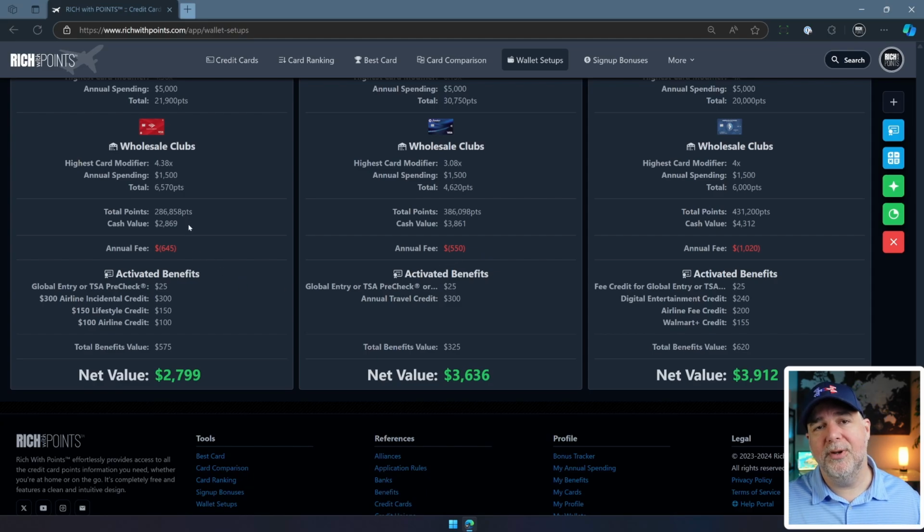And then you're getting 1.25 over here on the Bank of America. And if you have the Merrill Lynch and all that other stuff, then you're actually going to come out way on top. But at least with Chase, it gives you the flexibility of being able to use those transfer partners. But if you don't, you fall back on 1.5x.